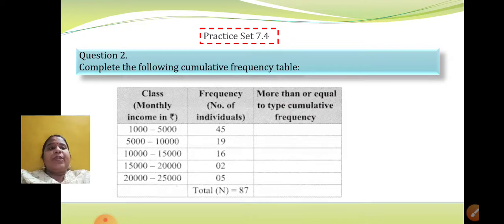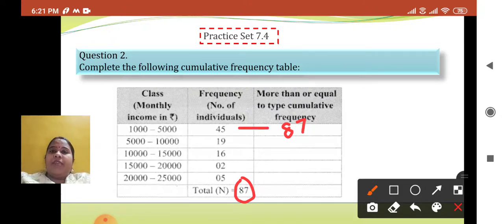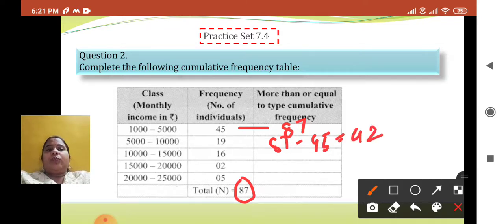Now as I have explained the concept, what is the first thing that you should do? You should always write the total as the first value. That will come as 87. After that, from this 87 you are going to subtract 45, right? So 87 minus 45, how much will I get? I will get 42, correct?